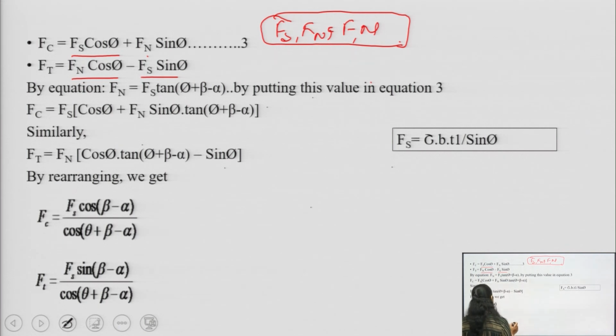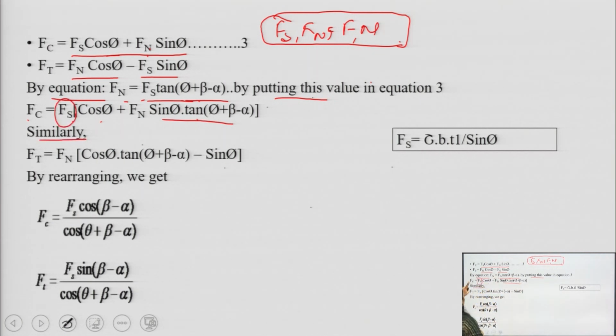So, what we will do by equation Fn, Fn इक्वेशन को अगर हम पुट कर दें इस इक्वेशन के अंदर तो क्या आ जाएगा हमारे पास, और Fc की वैल्यू क्या है, Fc की वैल्यू क्या हो जाएगी, this will become Fs cos phi ओके एंड Fn sin phi into this will become tan phi plus beta minus alpha. ओके ये वैल्यू पुट कर दी, Fn की जगह ये वाली वैल्यू पुट कर दी हमने, है ना, इसको कॉमन ले लिया.